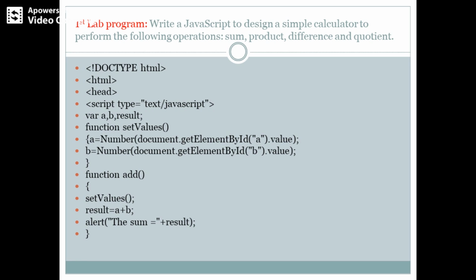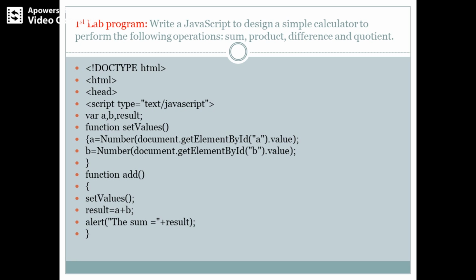For that ID, whatever value the text box has, the one associated with label A, will be stored in your variable A. And whatever text box ID is associated with label B, any value that the user inputs in label B, the JavaScript gets the ID from the text box, converts it into a number, and then stores it in variable B.